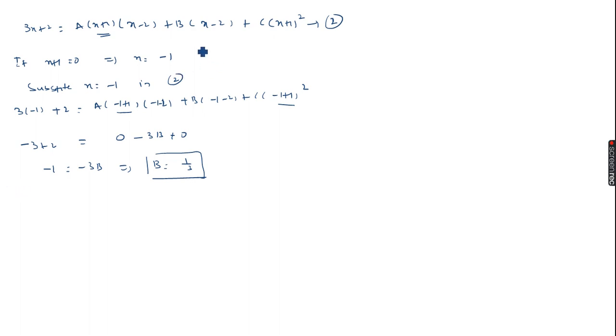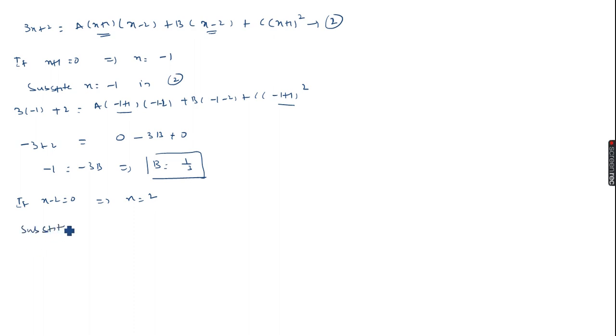And next, if x minus 2 equal to 0, from that x is equal to 2.